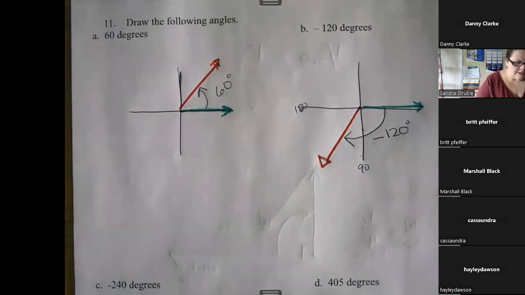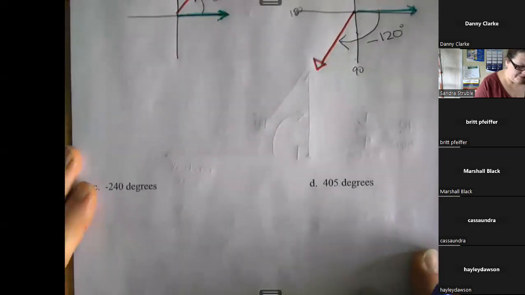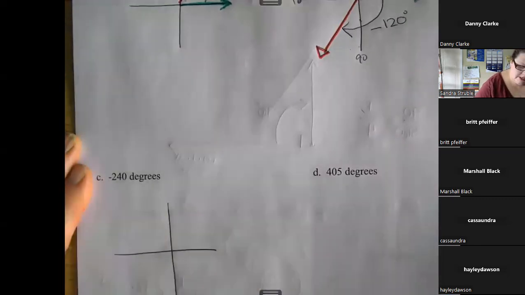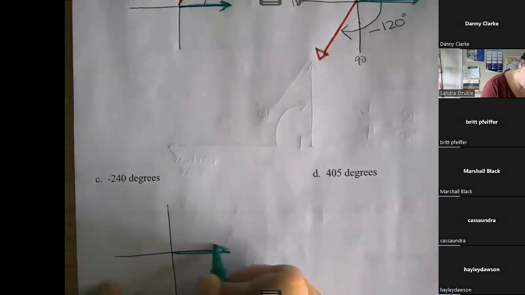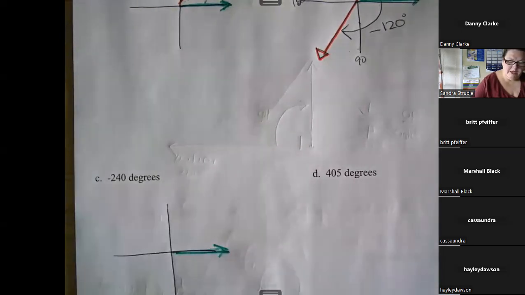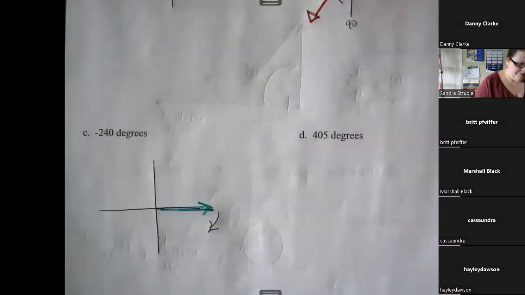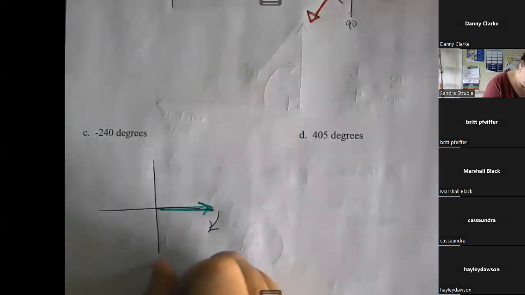The next one's not as hard either because it is just negative 240. So draw my Cartesian coordinate system, initial side. Okay. And we're going clockwise. So I'm going in this direction. That's 90. This would give us negative 90 degrees.